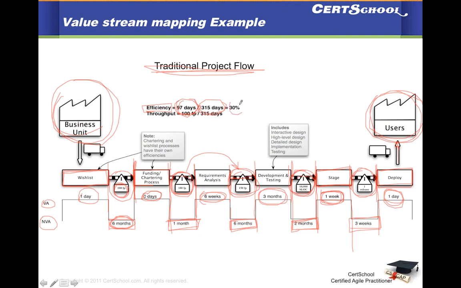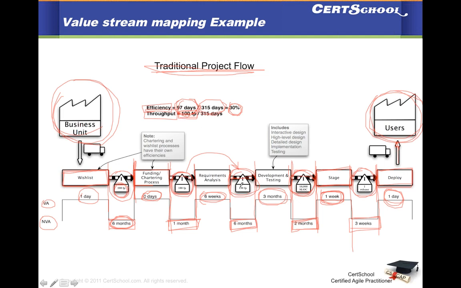So your efficiency is pretty low, as you can see. It's 30%. And there's also throughput. Throughput is how much value you produced, or what you delivered in the total time. So you delivered 100 functional points, the 100 functional points that the customer really needed.